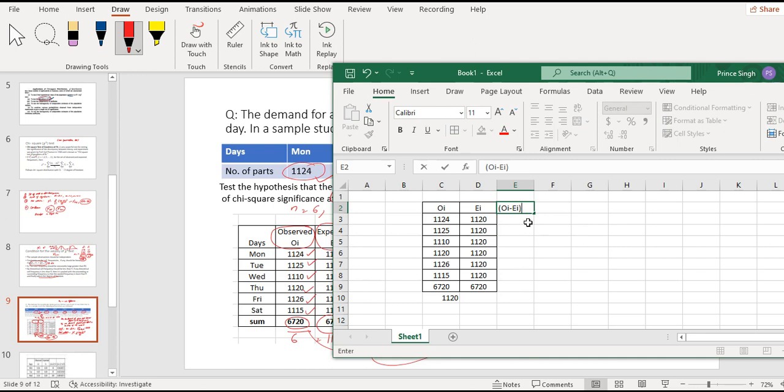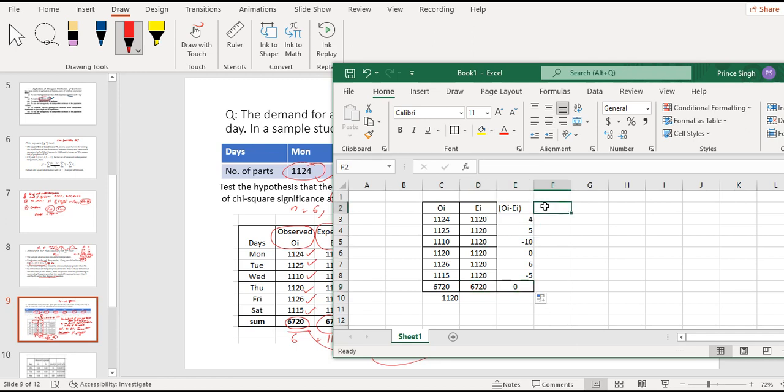So we find the difference of these two. If I find the difference, it is 4. Next is 5, and I simply drag this. This is the sum, and its value comes out to be 0 only, right?